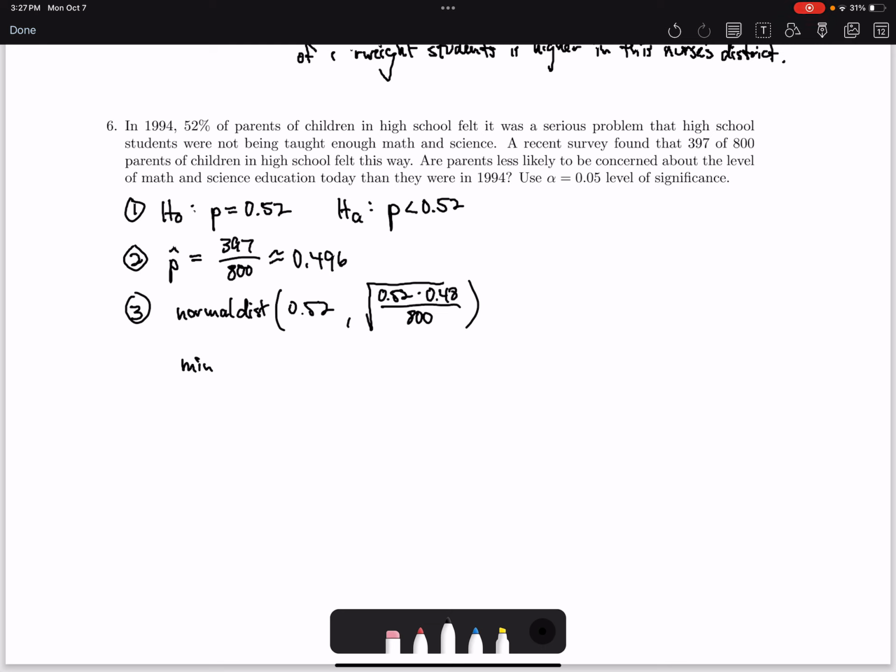To compute the probability we want, we're looking for the probability that p hat is less than 0.496, so there's not going to be a minimum. The maximum is going to be 0.496, and our p-value is going to be the probability that p hat is less than or equal to 0.496. Let's see what we get.